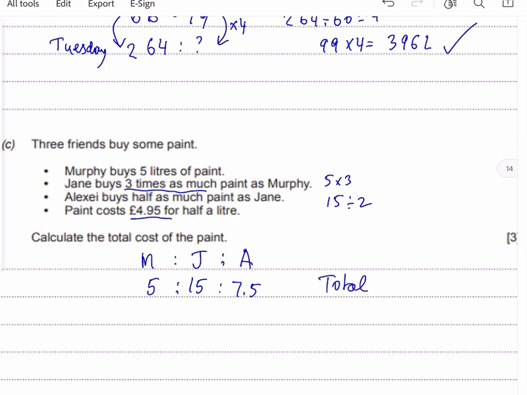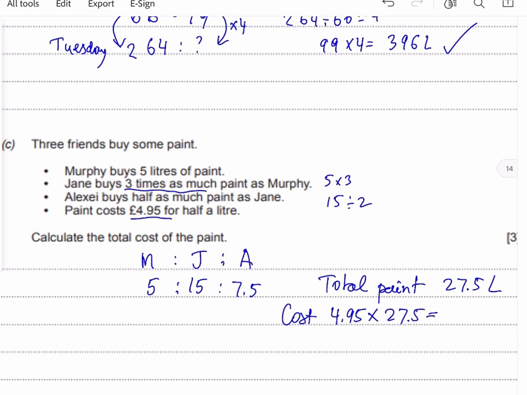And paint cost £4.95. So total paint, let's work out, add all the parts together. That gives you 27.5 liters. And the cost is £4.95.